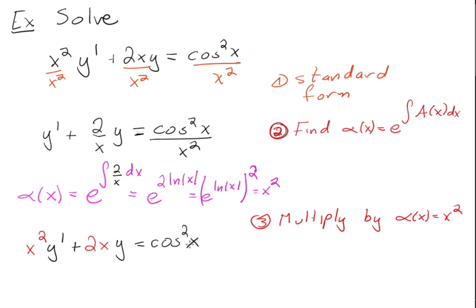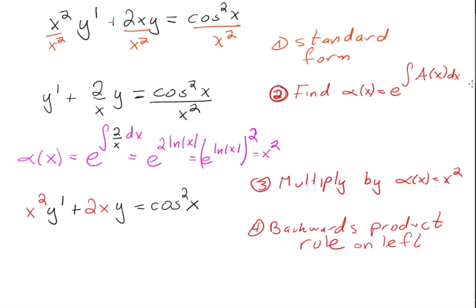Okay, and then on the left side, do I have a product rule? Yeah, I do, right? So on the left side we'll do a backwards product rule. Okay, so let's go down there a little bit.